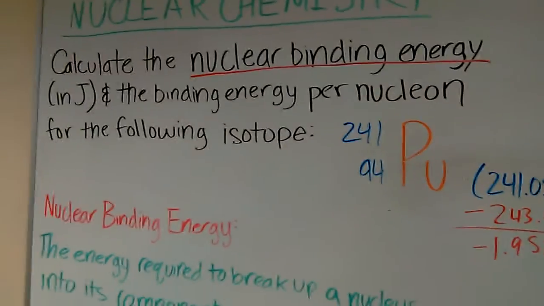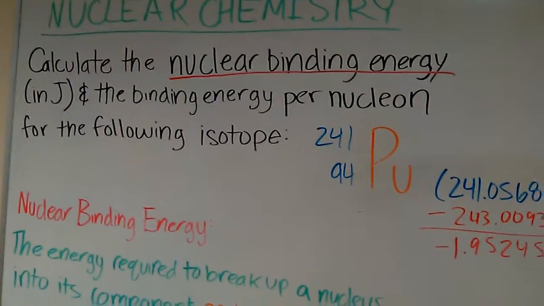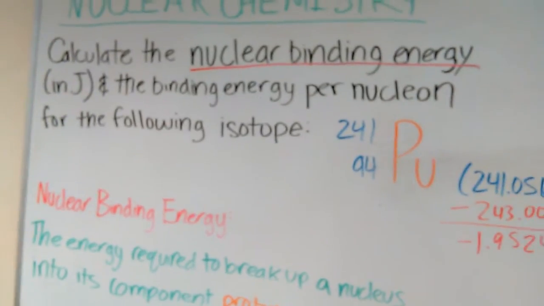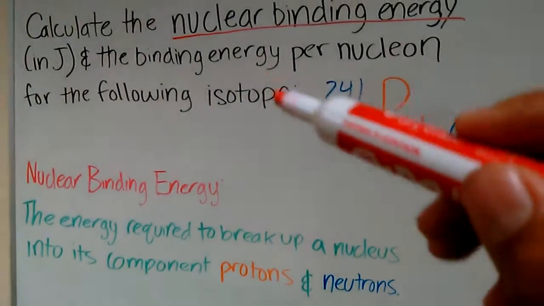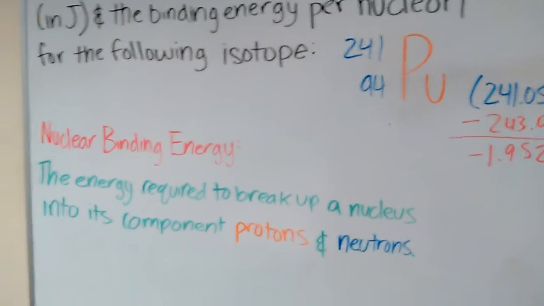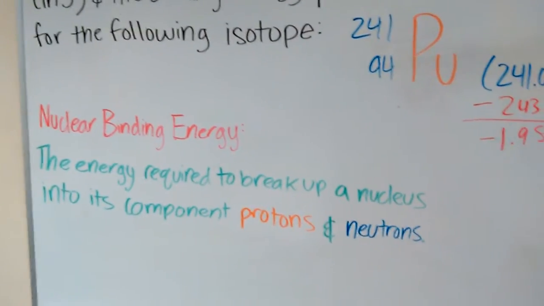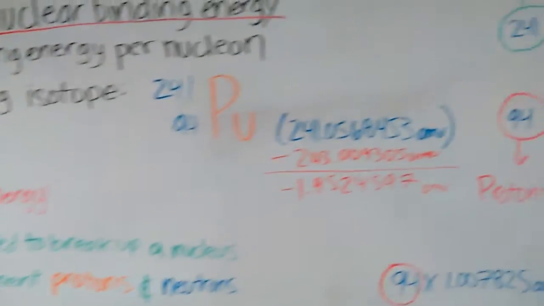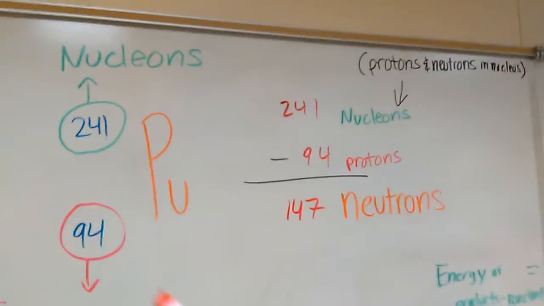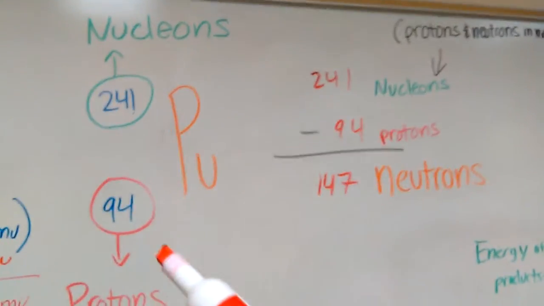So just to recap, let's go through this a little faster. It says here, to calculate the nuclear binding energy in joules, the binding energy per nucleon for the following isotope. We have plutonium here, and like I explained earlier, our nuclear binding energy is the energy required to break up a nucleus into its component protons and neutrons. Here, what we did was we got our nucleons and our protons.